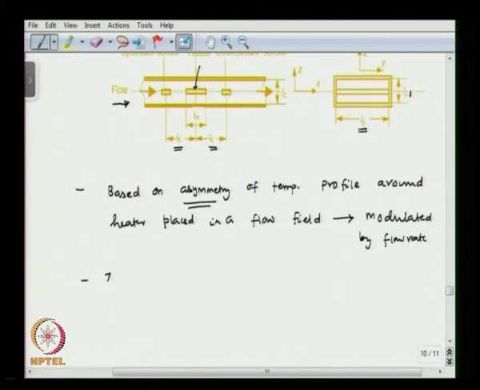So, when you have zero flow, when nothing is flowing, then we have a symmetric temperature profile.